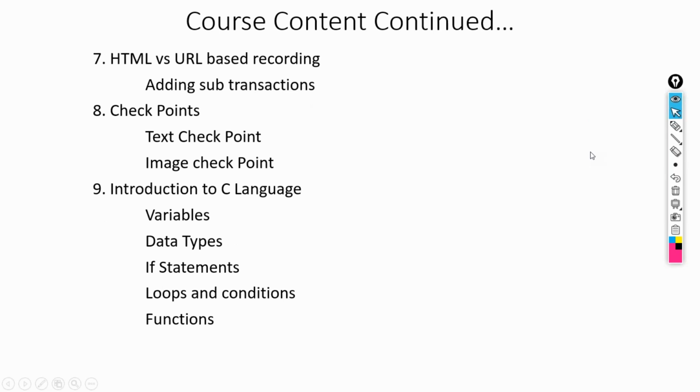Then we have some very important concepts like HTML recording versus URL-based recording. Then checkpoints. Checkpoints are nothing but assertions, like when we have to validate something on the UI, we use these checkpoints. Then introduction to C language.